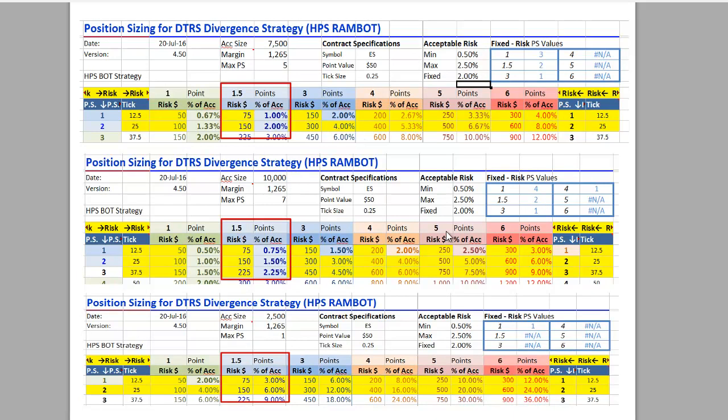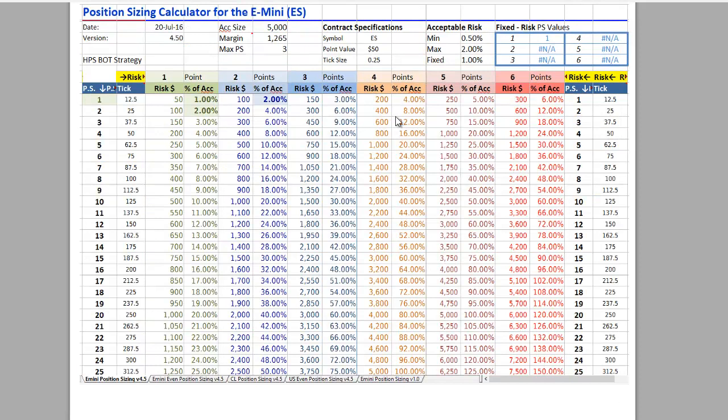This is a great little spreadsheet, and I think I have this in the forum now. If I don't, I have to get it in there. And it talks about your risk versus how much of your account you have. Starts here's an account for 2,500, 10,000, 7,500. I had some other ones on there. They go up, and we just talk. It breaks it down.